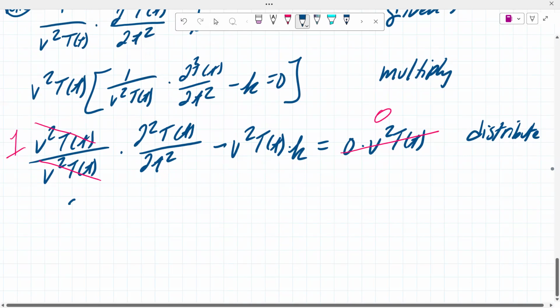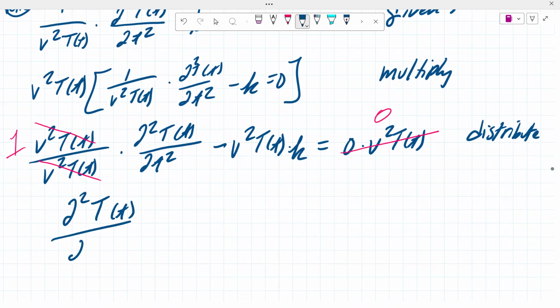So we got d squared t of t over dt squared minus v squared t of t times k equals 0. All right, great.